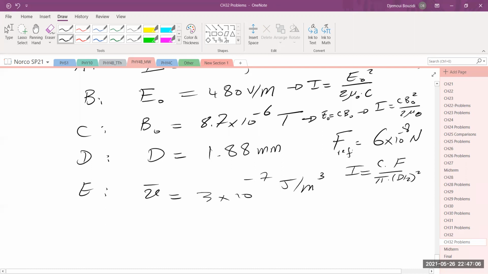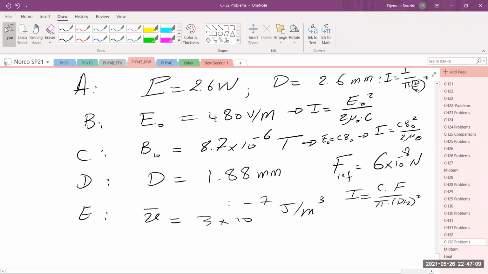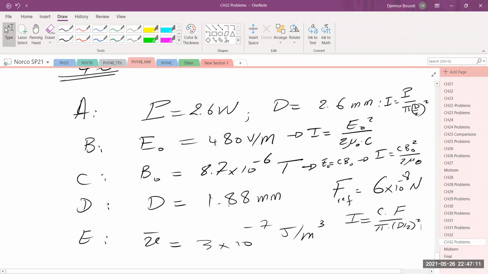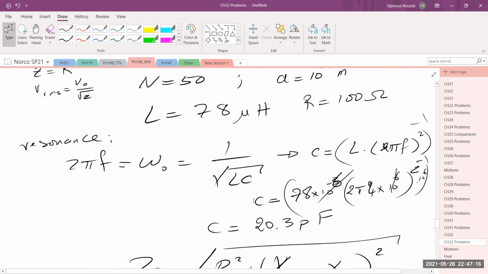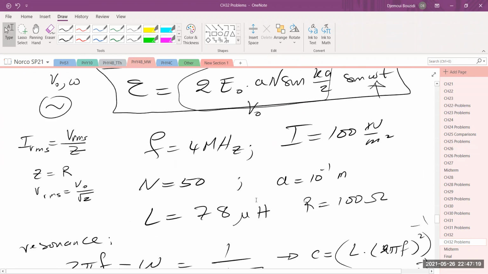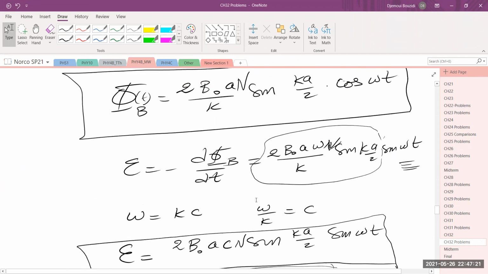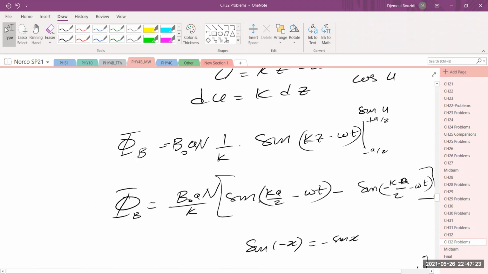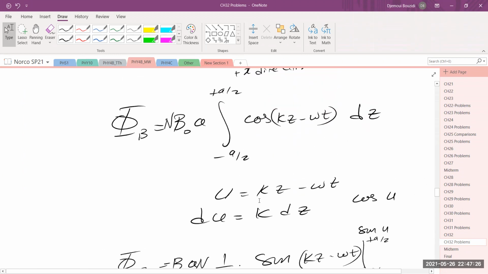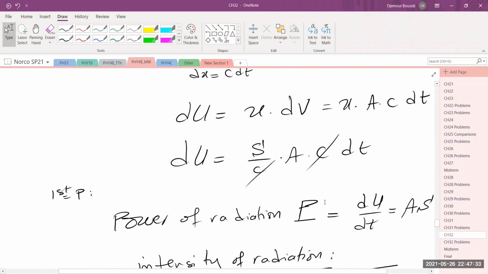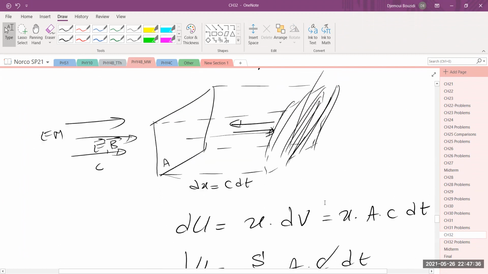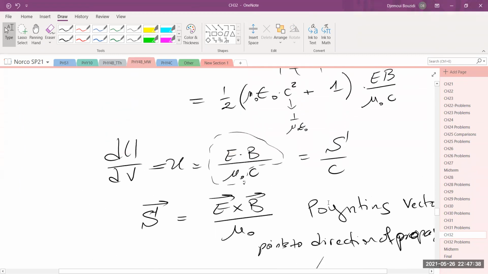So we have everything. And now we have the last expression in here, and we know that there is a relationship between U and I. Sorry, there is a C between them.